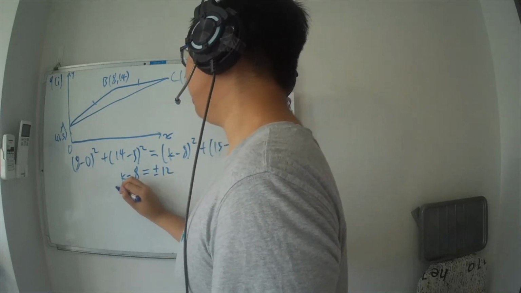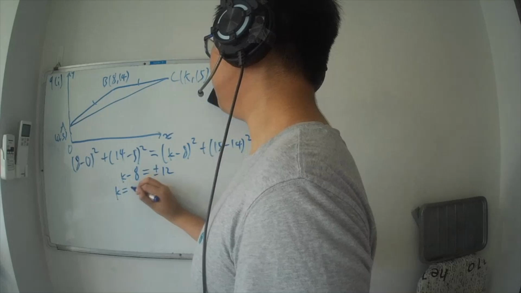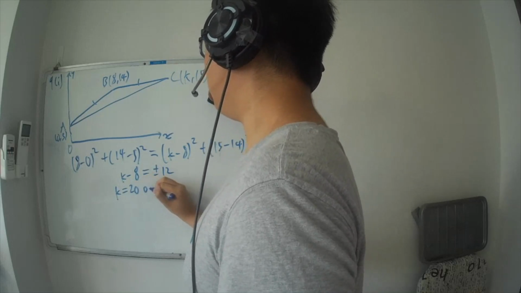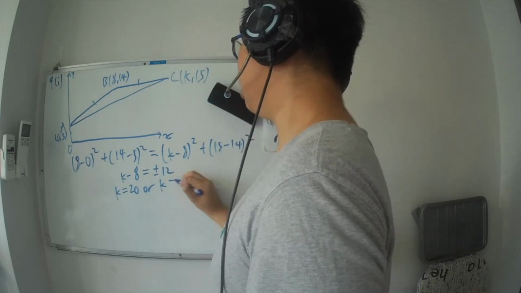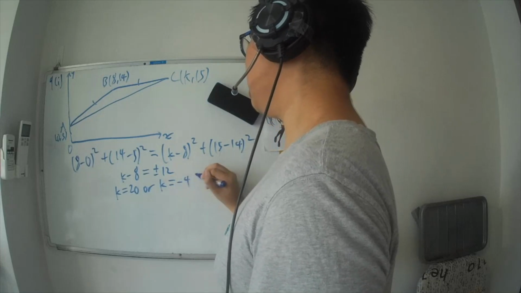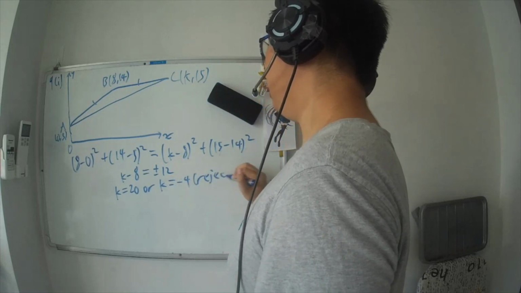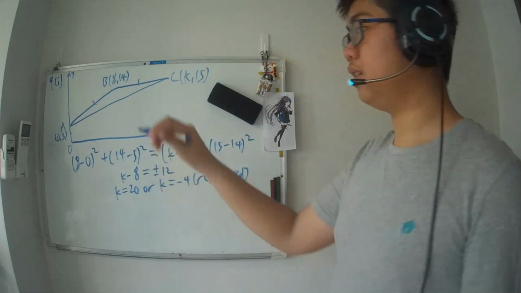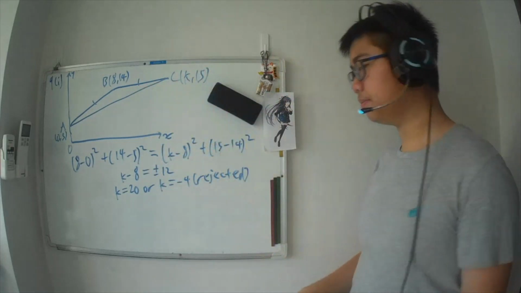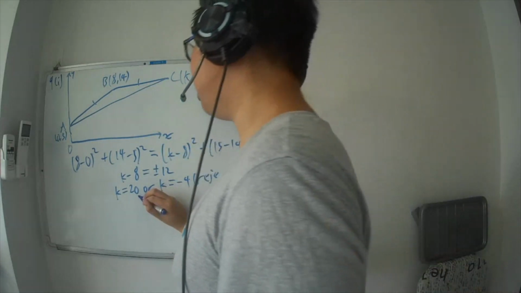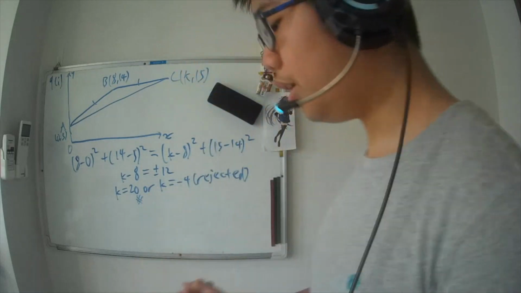So therefore, K is equal to 20, or K is equal to negative 4, which is rejected, because we can clearly see that K is positive, right? So this is our value of K.